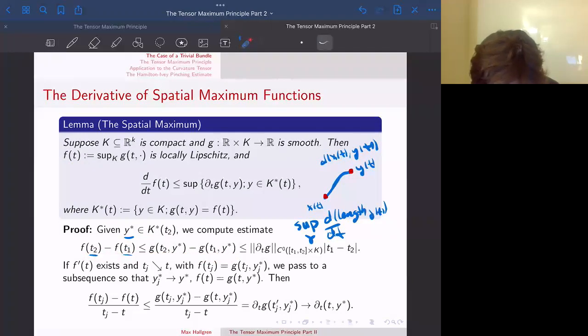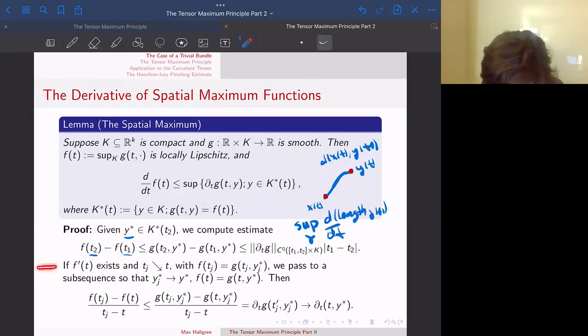And then this difference is just bounded by essentially the C1 norm of g in some compact region of space-time times the time difference t1 minus t2. So this tells us in particular that f is going to be locally Lipschitz, and so its derivative exists almost everywhere by Rademacher's theorem.